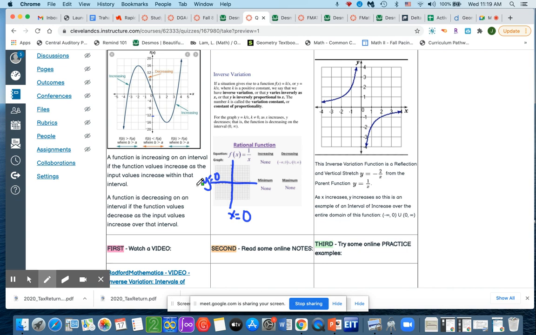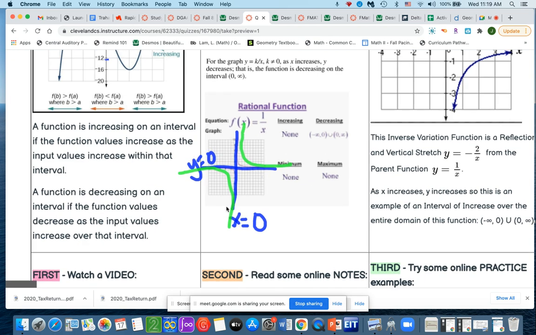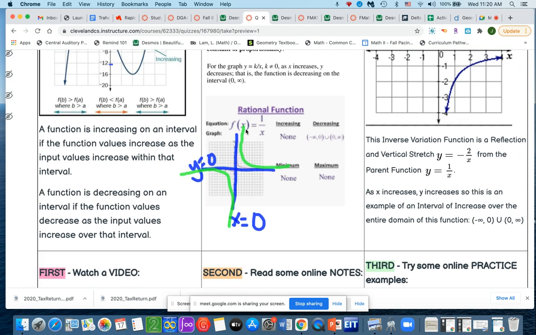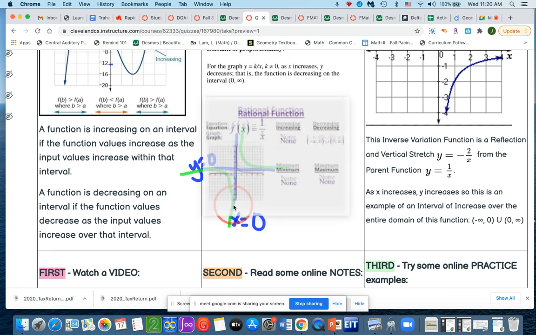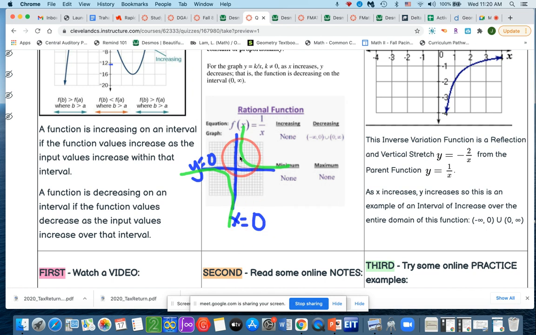So I'm just going to make this a little bit easier to distinguish here. This is what it looked like, and I'm making them green. So what's happening is your branch over here is getting closer and closer to this 0 for the x value, x-axis here, but it's not going to touch there.